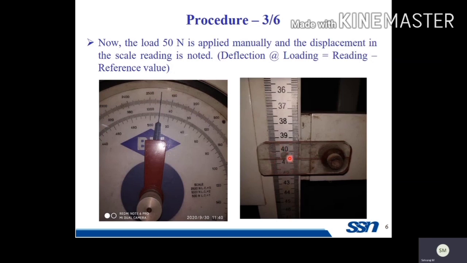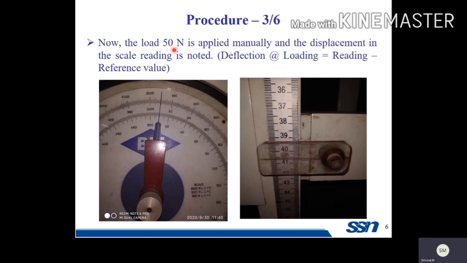The initial reading must be noted. Before applying the load, the position of the pointer on the scale must be noted. After applying the load, how much the spring is deflected can be calculated from the initial reading and the final reading. That will give the deflection at the particular loading condition.